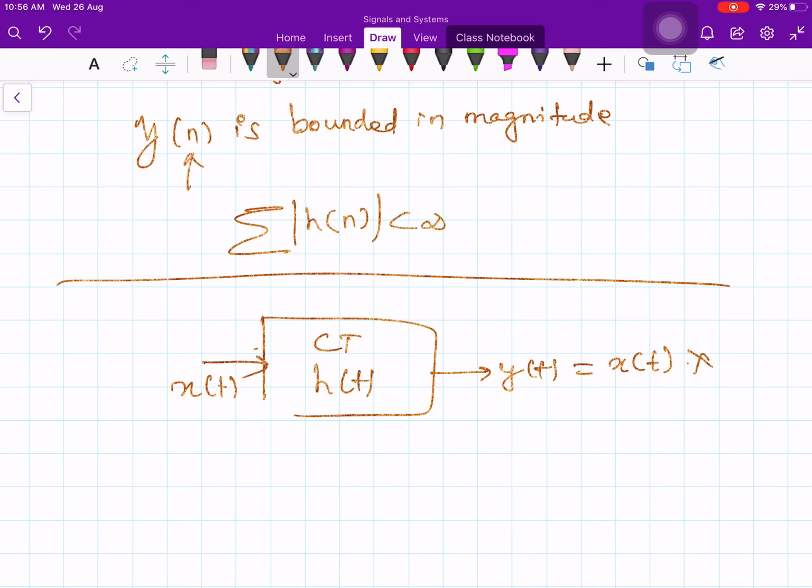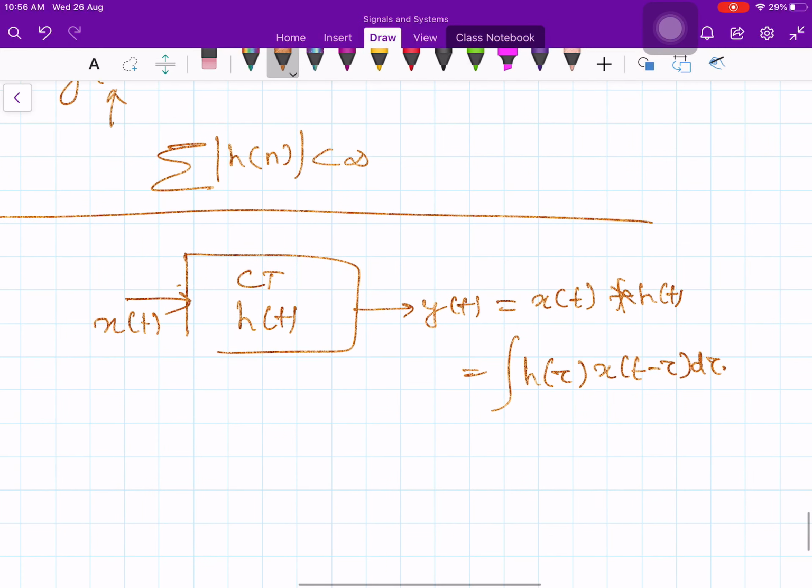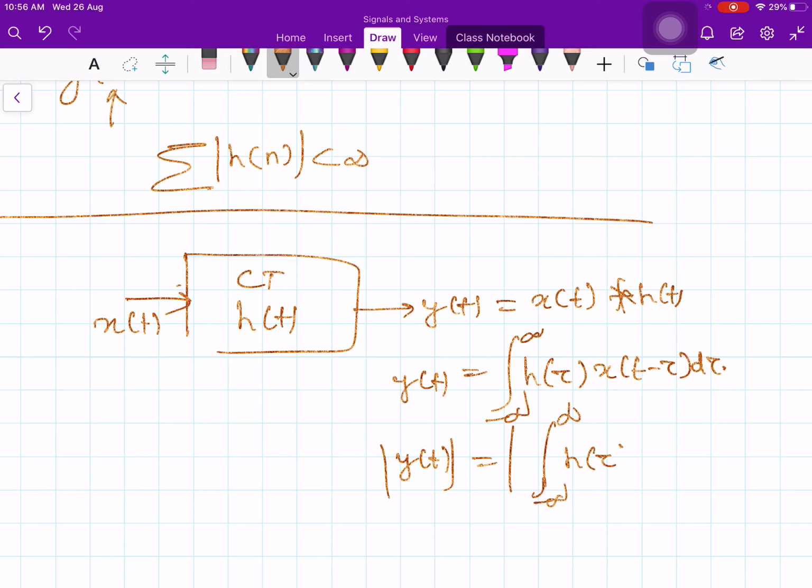Then you write it in the convolution integral form, the integral of h of tau x of t minus tau d tau, and you take the magnitude of this y of t.